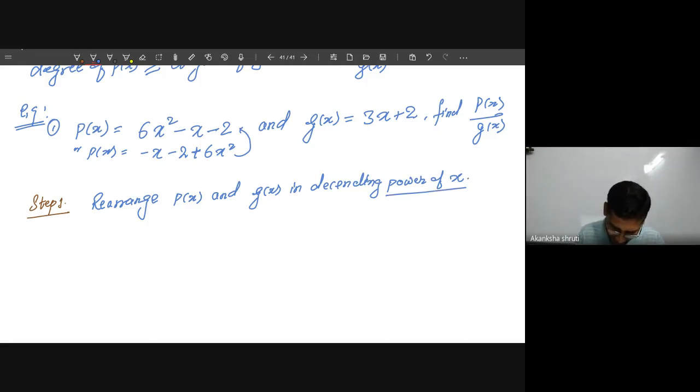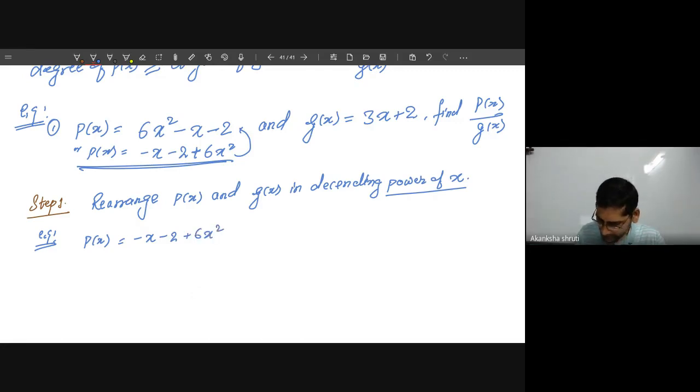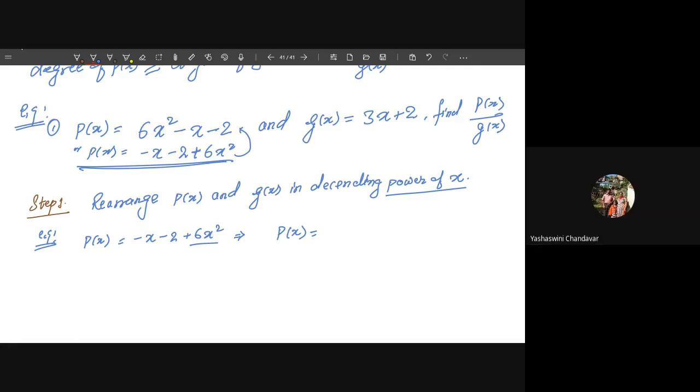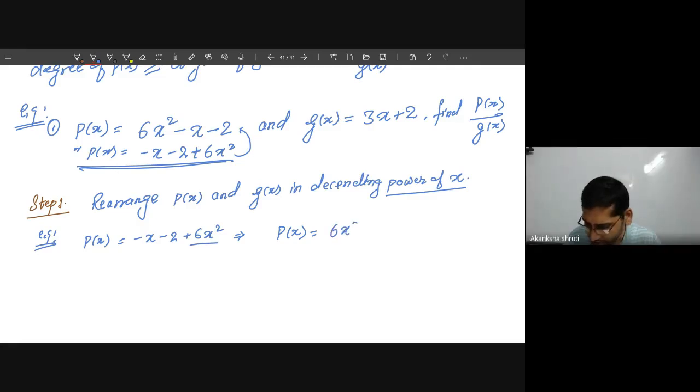Example, whatever our given p(x) is, say p(x) is minus x minus 2 plus 6x square. Then what is the first step that we have to do? We have to write this p(x) in this form. First, the highest power, the 6x square term, you have to write first.